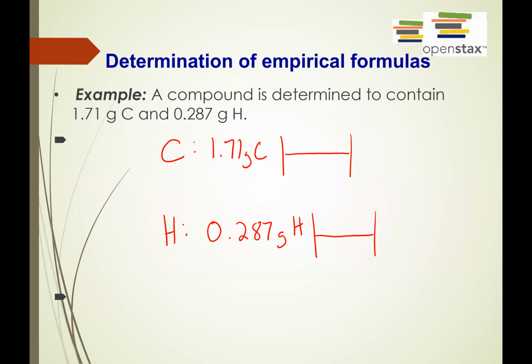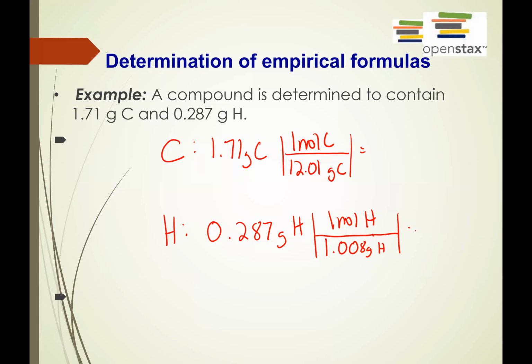When we convert from grams to moles, where do we look? Periodic table. Right, so we look at our periodic table, and there's 12.01 grams of carbon in 1 mole of carbon, and 1.008 grams of hydrogen in 1 mole of hydrogen.